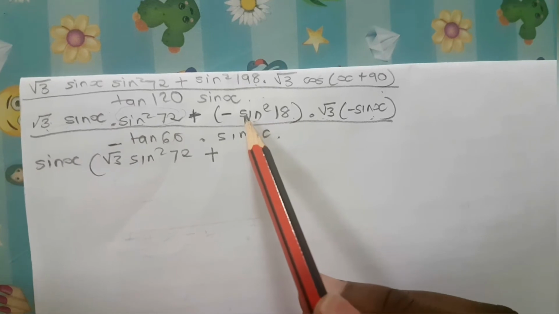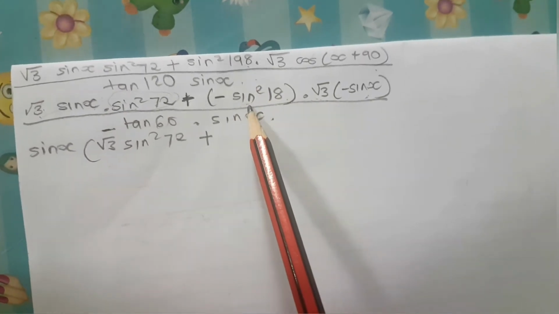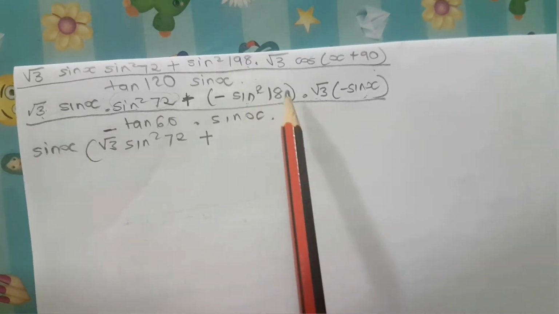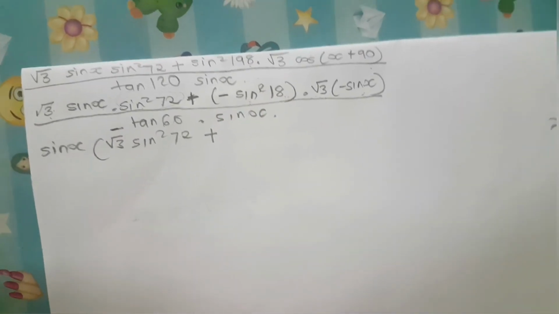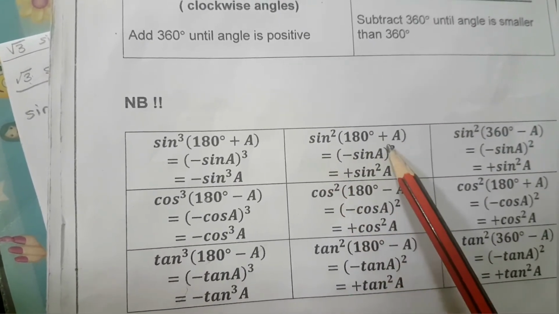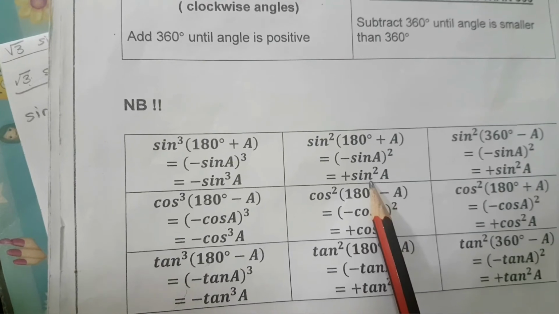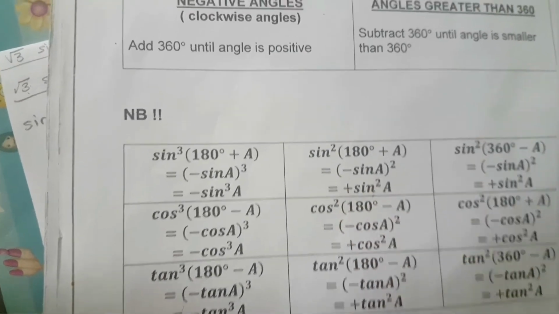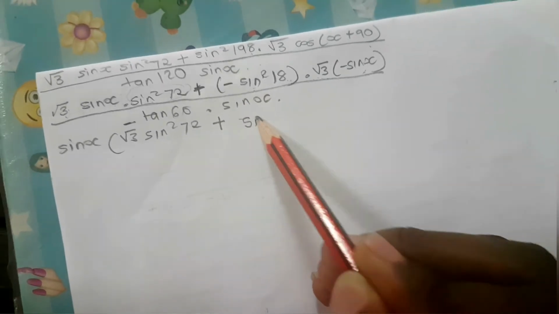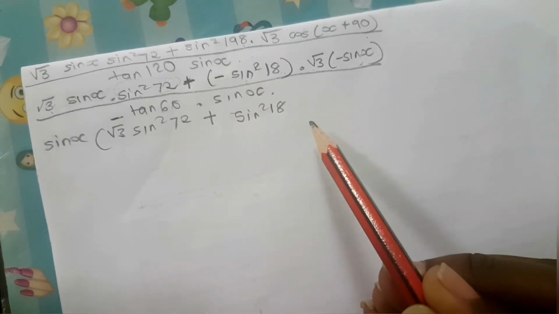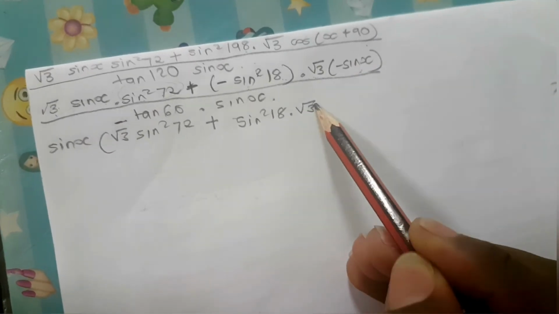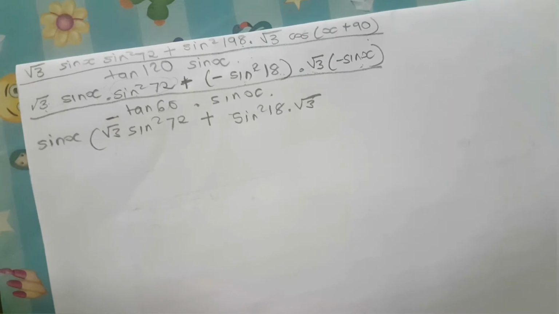But then remember that any sine, cos, or tan squared, any number, it will remain the same. It is here in your reduction formulas. Sine squared anything, the variable does not have a minus in it or whatsoever. So this will remain sine squared 18 with your minus, with your square root of 3.